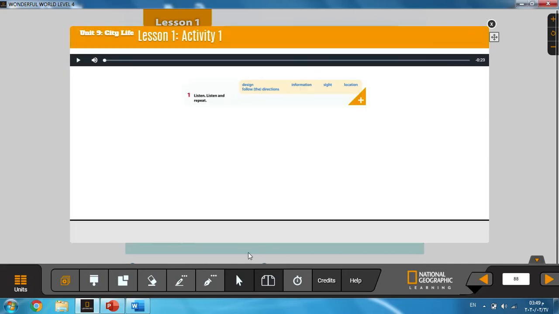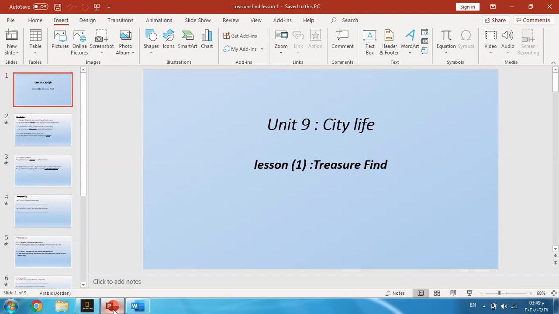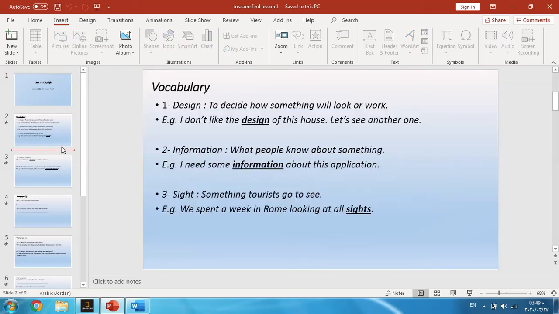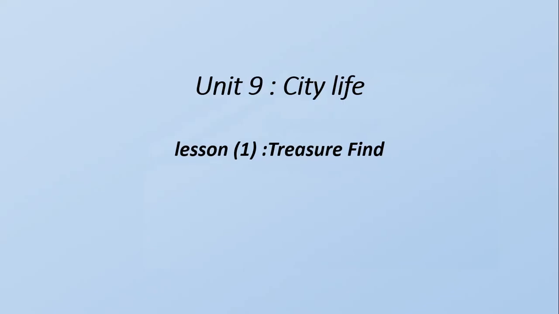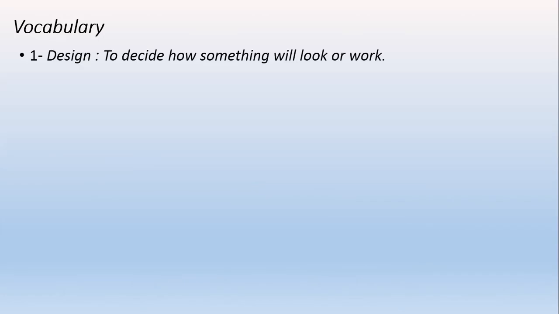Okay, so now let's learn together the definition of these vocabularies and use them in examples. So number 1, we have the word design, and it means to decide how something will look or work. Design, to decide how something will look or work.